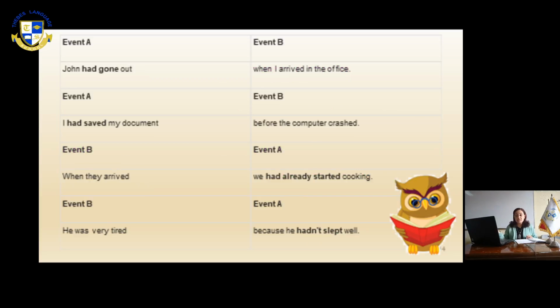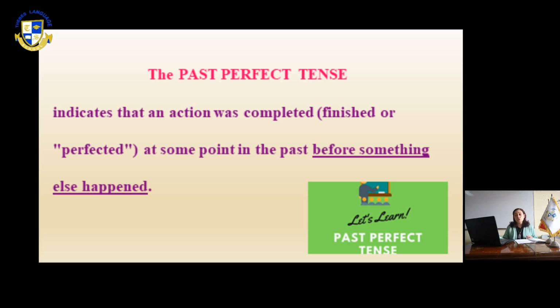It indicates that an action was completed, finished, or perfected at some point in the past before something else happened. So, when we are talking about past continuous and past simple, we are talking about long action and short action. The shorter action interrupted the longer one. Here we are talking about first action and second action. Both of them happened in the past.